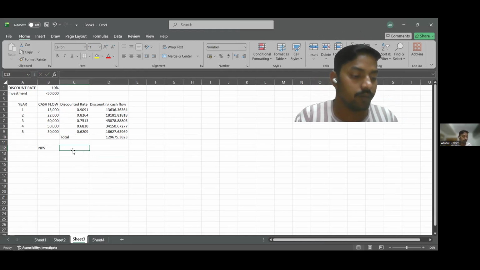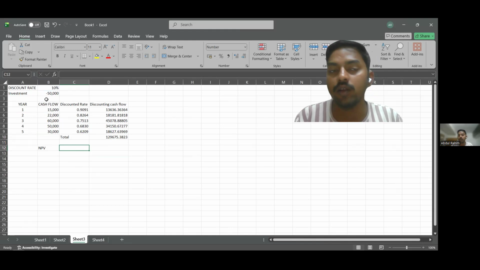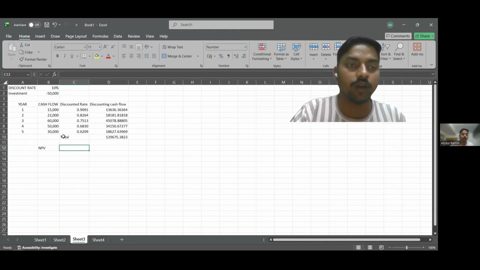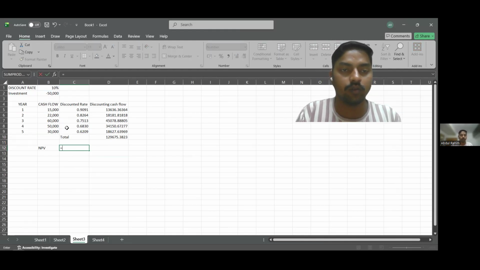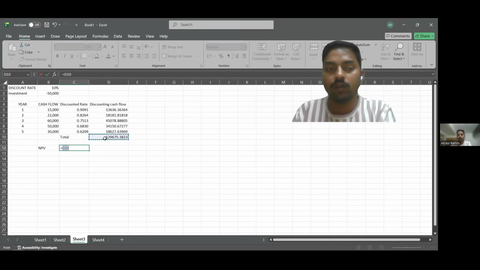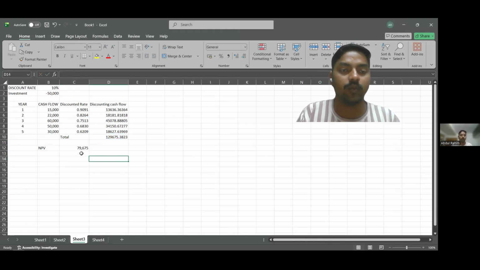So for NPV, we just add this and this, like the discounting cash flow total and our initial investment, that is 50,000 negative because we have to pay, that is our outflow. That's why that is in negative. So this is our NPV.